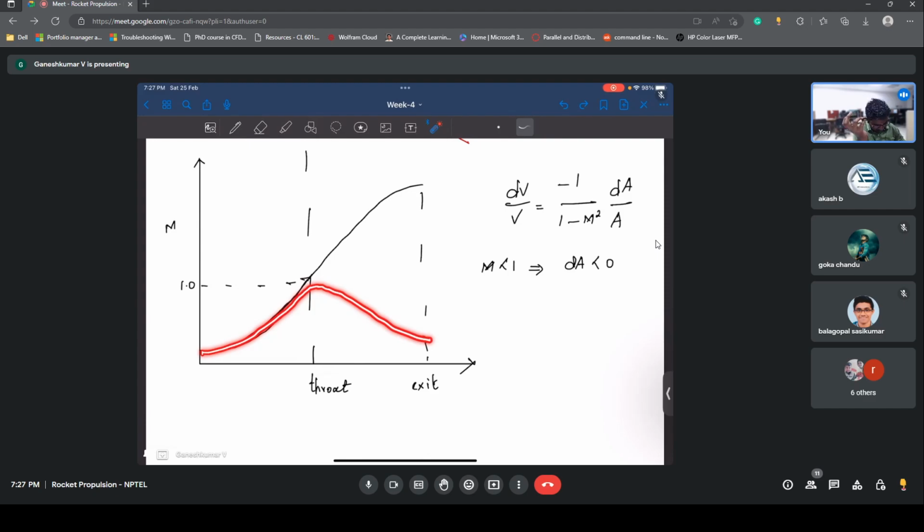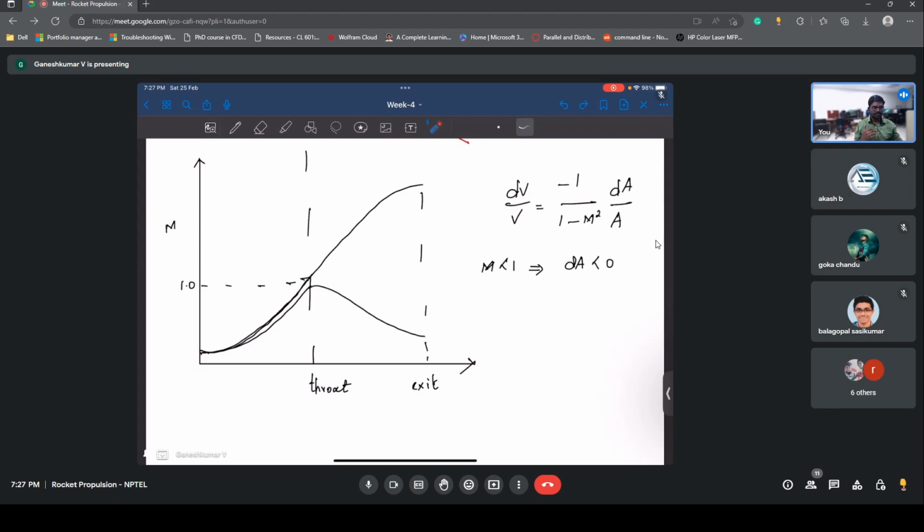Subsonic flow means the speed of flow is actually less than the speed of sound. Sound is nothing but pressure waves, right? Pressure perturbations move with the speed of sound, and because of that, in a subsonic flow you will know all the information surrounding you.